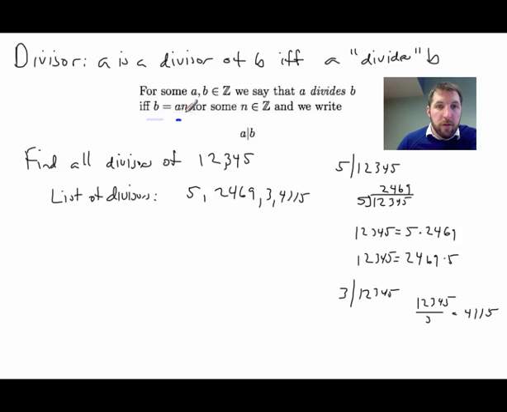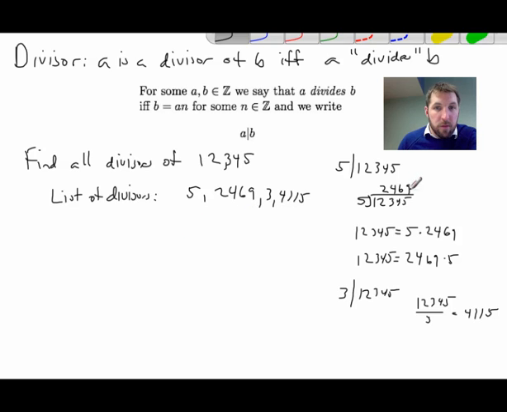Well, the answer is obviously yes. If we let n equal 12,345, then it does. But as you're hopefully realizing, that works for any number. So we can say that 1 is a divisor of all numbers. So every list of divisors we ever come up with is always going to include 1.